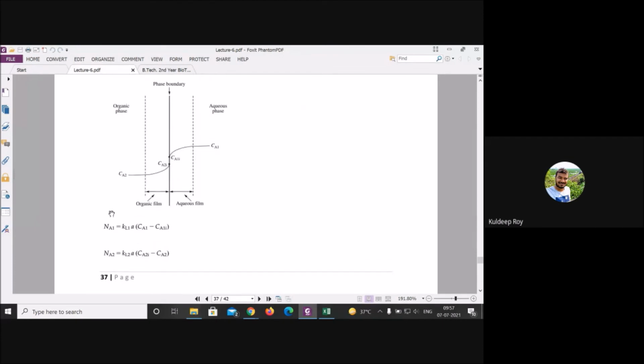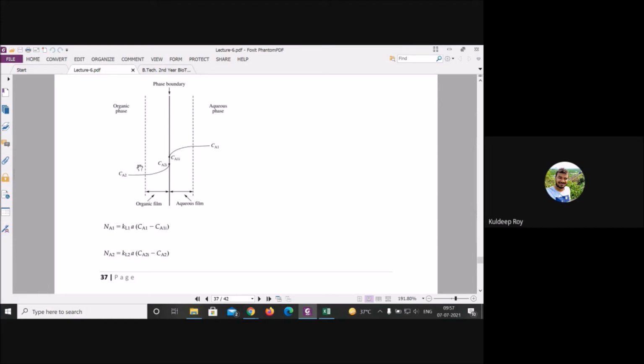This will be the expression, and the same thing you have to write. NA1 is equal to kL1 multiplied by A, your area, multiplied by CA1 minus CAI, this particular portion, because we are looking at this particular region.